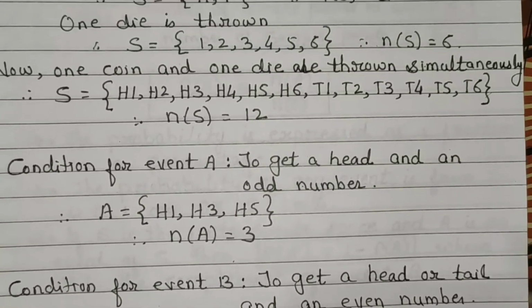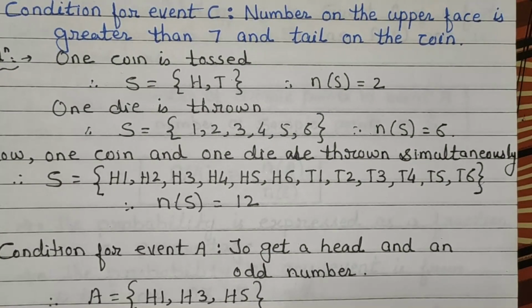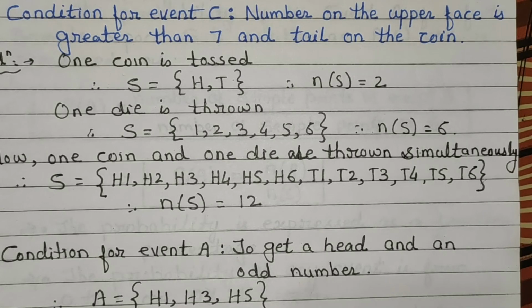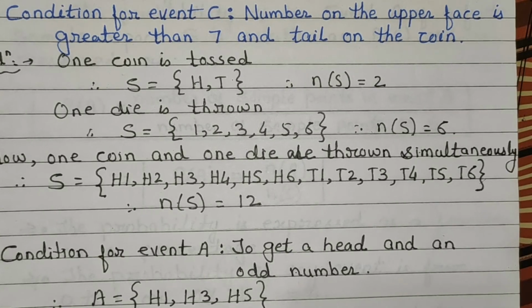Now, next condition is condition for event C. Number on the upper face is greater than 7 and tail on the coin.